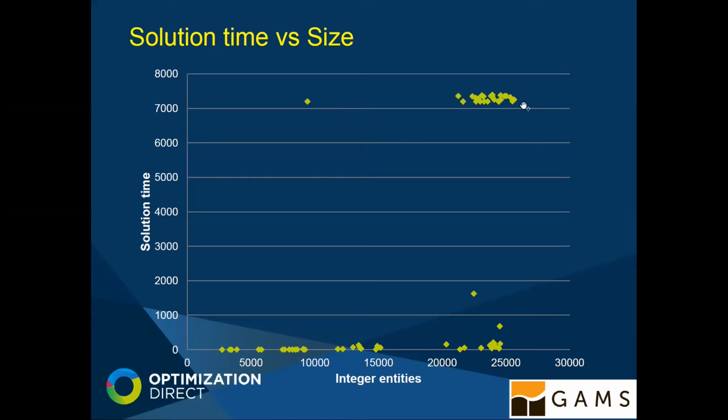So you can think of that 7,200 there as being hitting the time limit. So everything's going smoothly, very easily, with the occasional blip. And then we get to a size level where things start taking an awful lot longer. And that's where the ODH technology might come in.